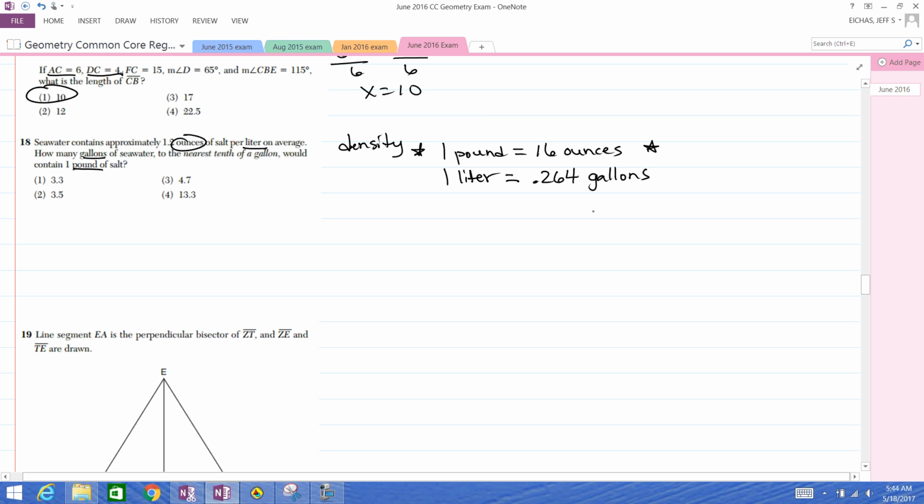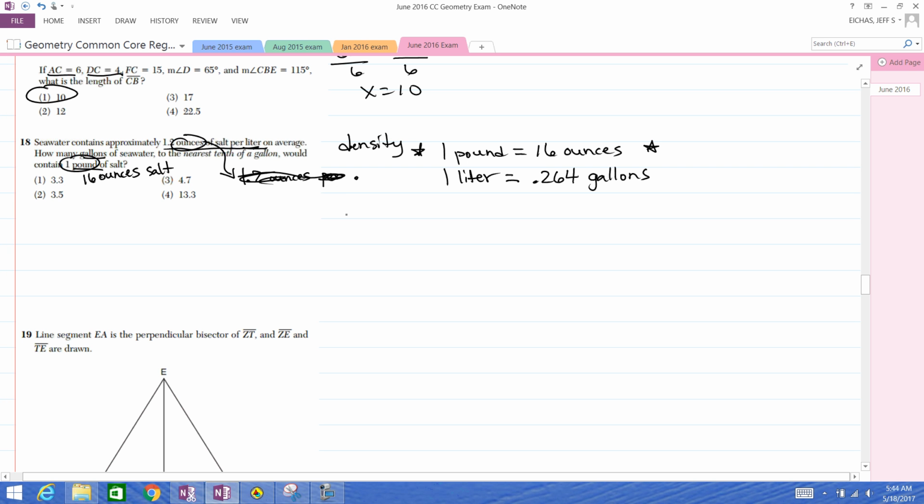Okay. So I'm going to convert that 1 pound of salt. I'm going to say 16 ounces of salt instead, because they're equivalent. The 1.2 ounces of salt per liter, I'm going to convert that to 1.2 ounces per... We're going to switch out the 1 liter.